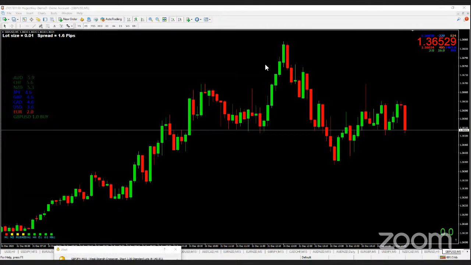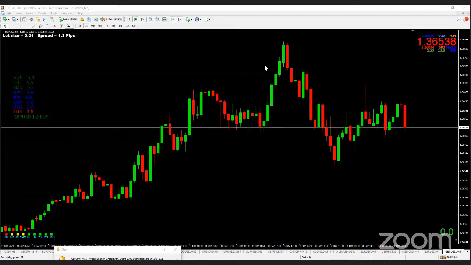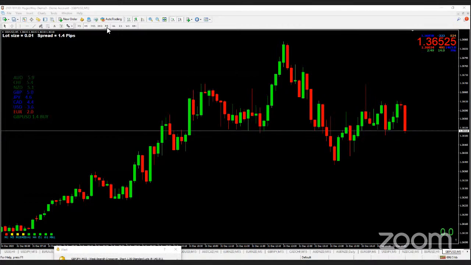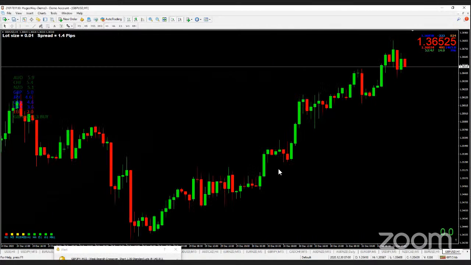Okay, so I'm basically going to be starting now. What you have on the screen is a naked chart, even though it does have a number of indicators on there. It is nevertheless a naked chart.